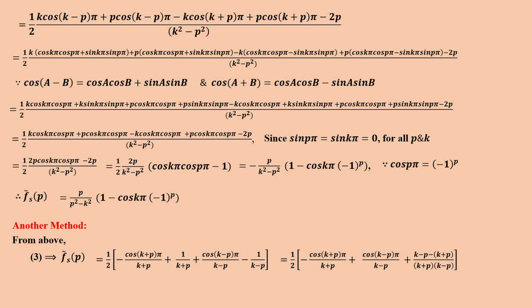So k minus p minus k minus p, which is equal to 1 by 2 into minus cos k plus p pi by k plus p plus cos k minus p pi by k minus p plus, so k minus k get cancelled, minus 2p by k square minus p square, right?